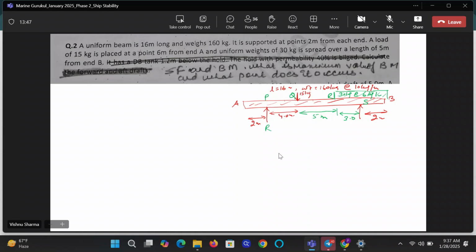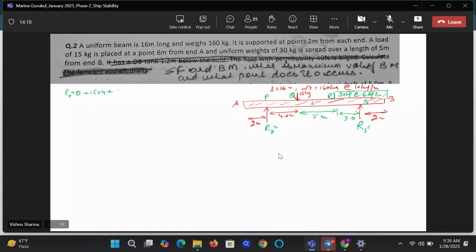So there will be reaction at P and reaction at S. Okay, we can take moments about P, and we'll have basically Rp into 0, taking clockwise as positive. Then we'll have 15 kg at 4 meters causing clockwise, so 15 into 4. Then we have the weight of the beam acting at mid length, so 6 meters from here.